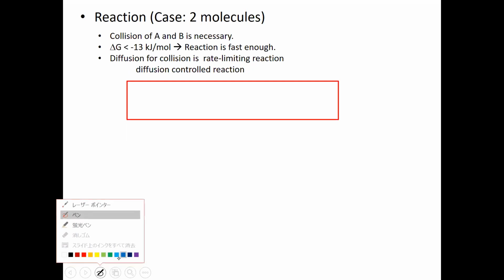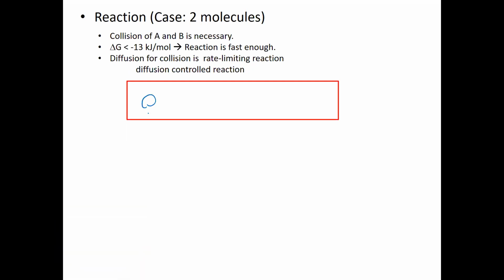So what happens here is that one of the A molecules is illuminated and excited, but if you need another molecule for the reaction, it must encounter B, right? So for the reaction between two molecules, a collision of A and B is necessary, right?